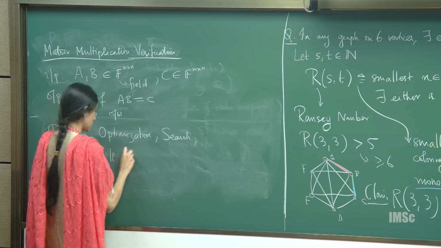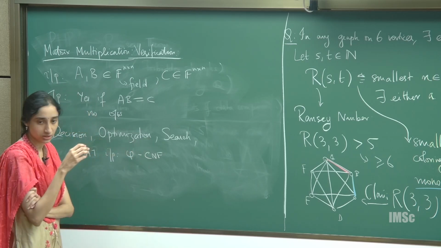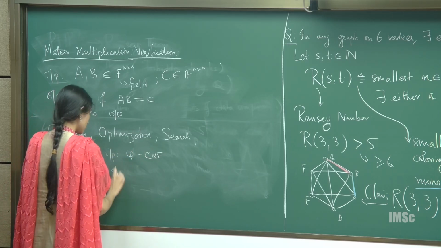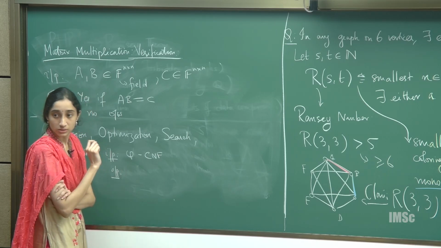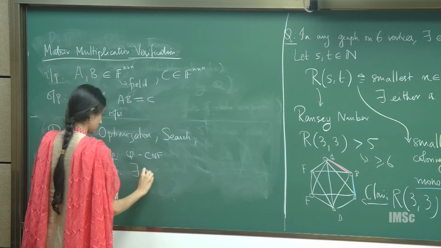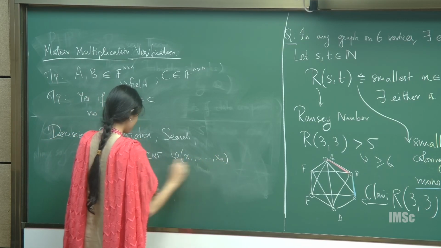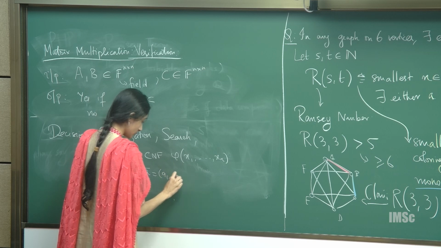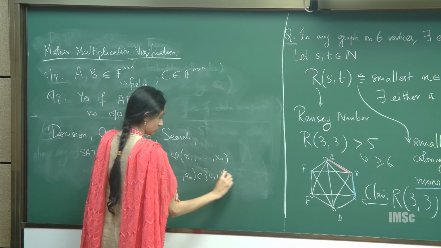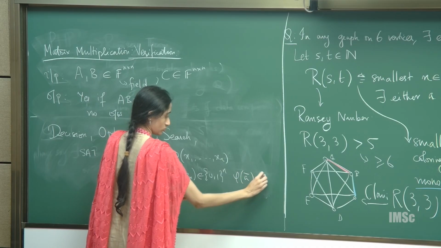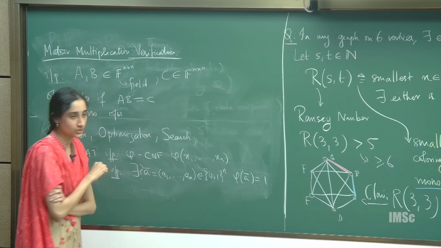Given as a bunch of variables. So maybe I'll put CNF. Not necessary, but. And what is the output? Truth assignment. So let's say phi is on n variables. I mean, if one exists, else you have to say no.